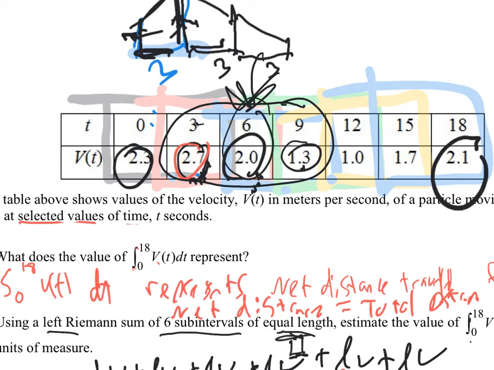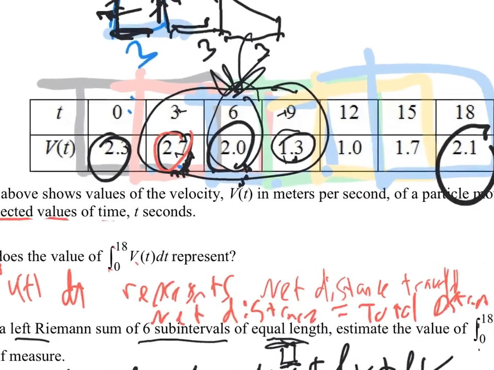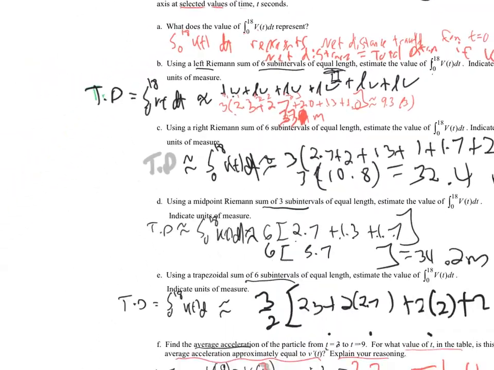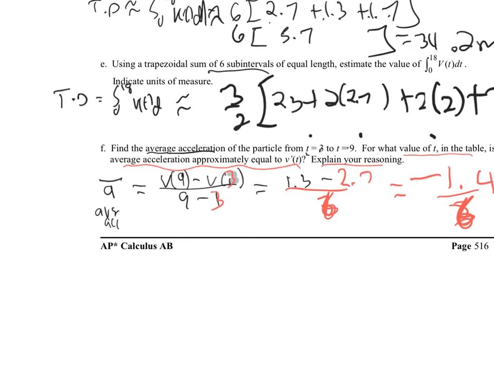We did the slope of a secant. That's called the mean value theorem. So we would explain the reasoning by the mean value theorem: v prime of 6 would be approximately equal to the average acceleration.